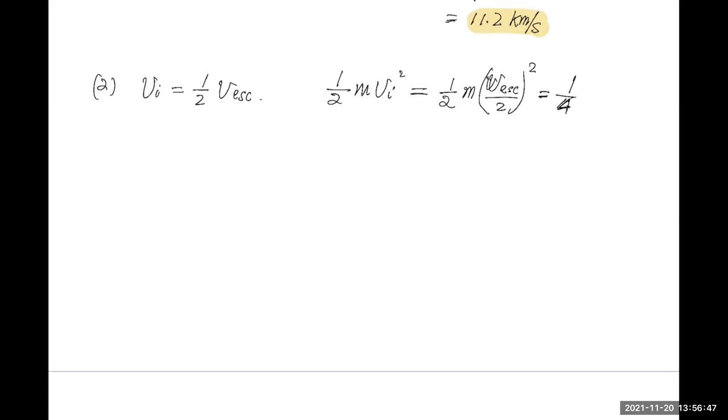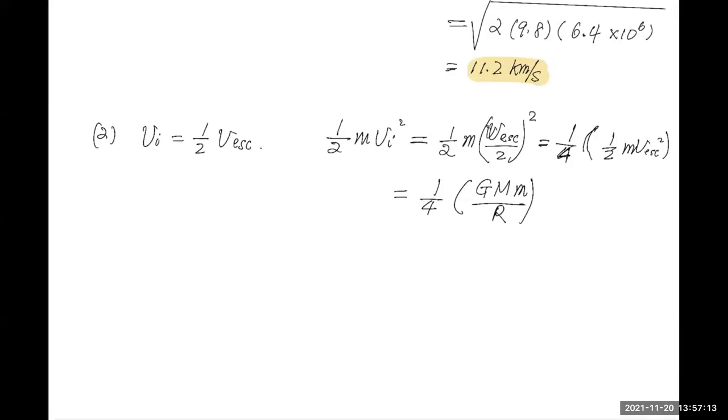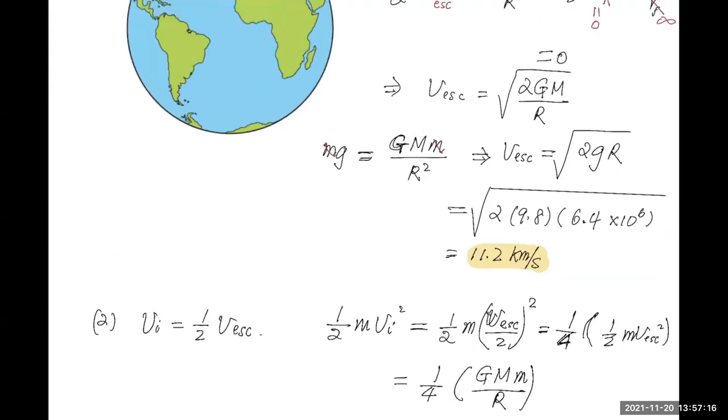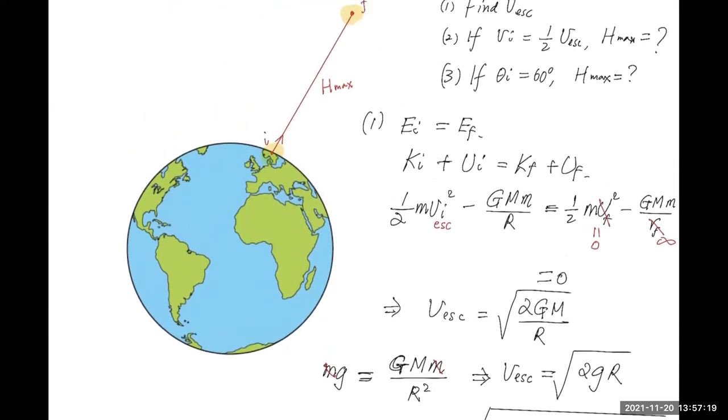Okay, so 1/4 of 1/2 m v escape squared, right? And that equals to 1/4 of G, mass of the Earth, mass of the object, over R. Okay, how do we get the last identity? Because again, if you have v initial as the escape velocity, then these two terms have the same magnitude. That's why both sides are equal to 0. Okay, so that's a simplification that we'll be using later.